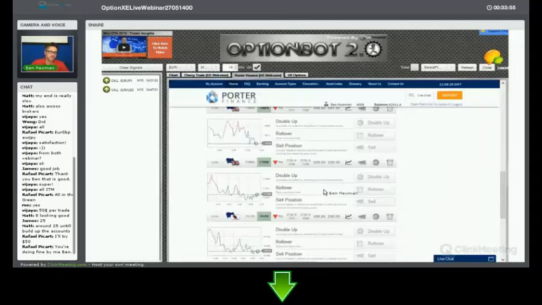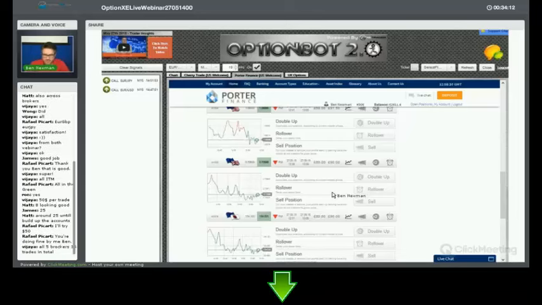So yeah, I've placed, let me do a quick calculation, 9 trades here plus 8 this morning. Some of my brokers are in different currencies, but we're looking at over $700 profit.